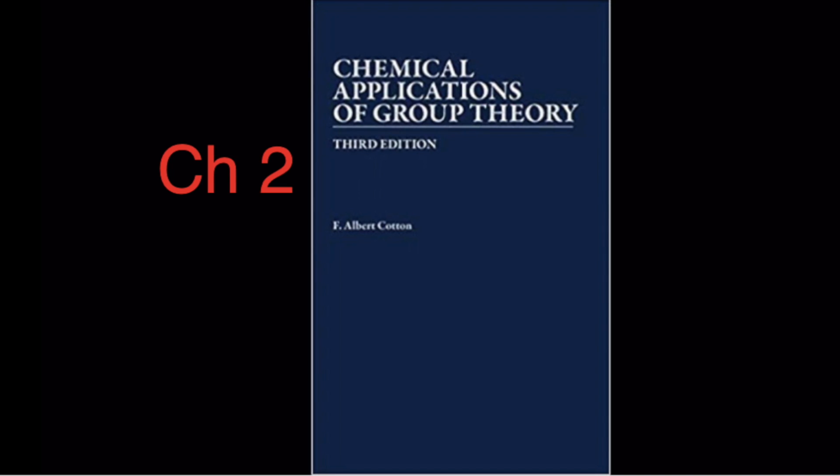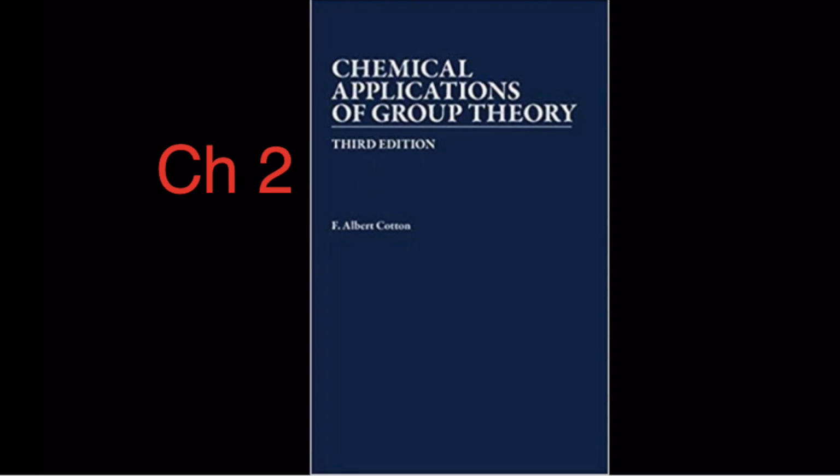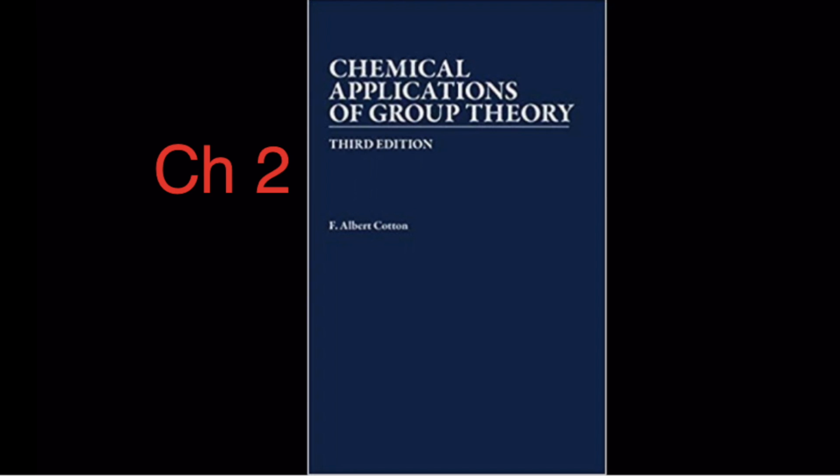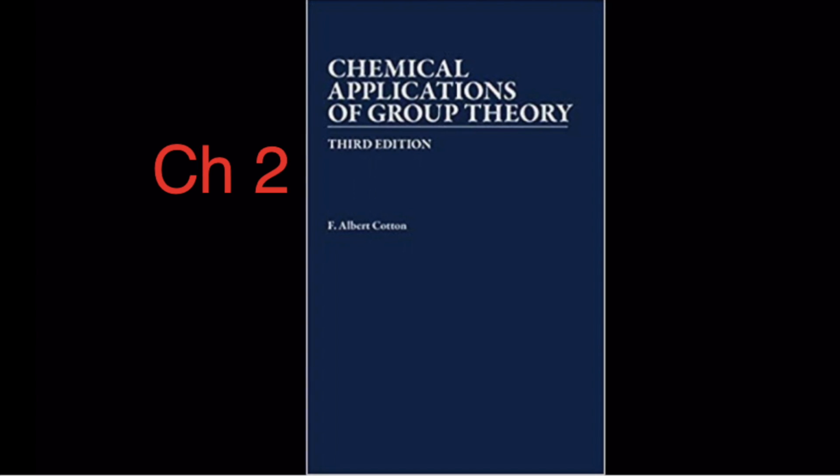If A, B, and C are group elements, their product, say D, must also be a group element, namely ABC equals D. If now we multiply each side of this equation by C^-1, B^-1, A^-1, we obtain ABC C^-1 B^-1 A^-1 equals D C^-1 B^-1 A^-1.